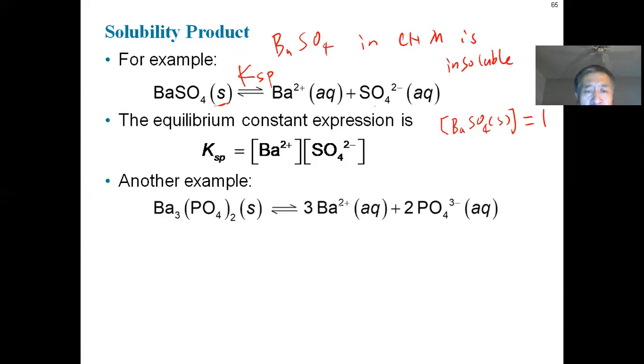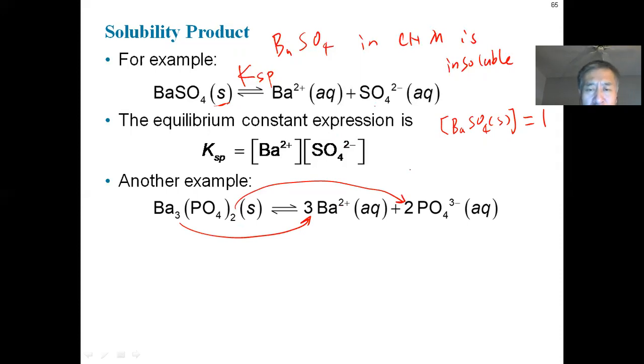Now the example is barium phosphate. In this example, you will have coefficients that are not 1. These 3 will come from this subscript, and these 2 come from that subscript.